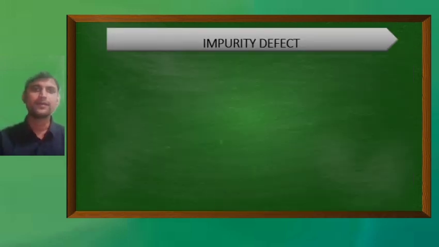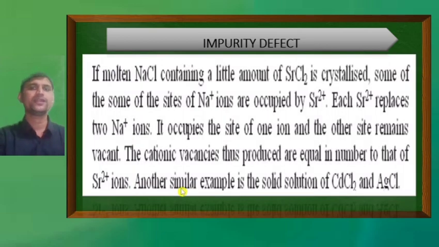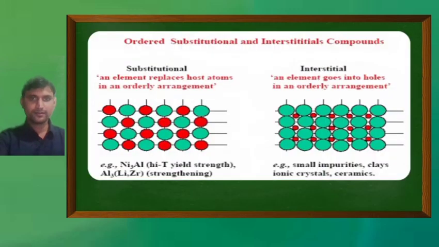Now see impurity defect. Impurity defect is divided into two parts, substitutional impurity defect and interstitial impurity defect.